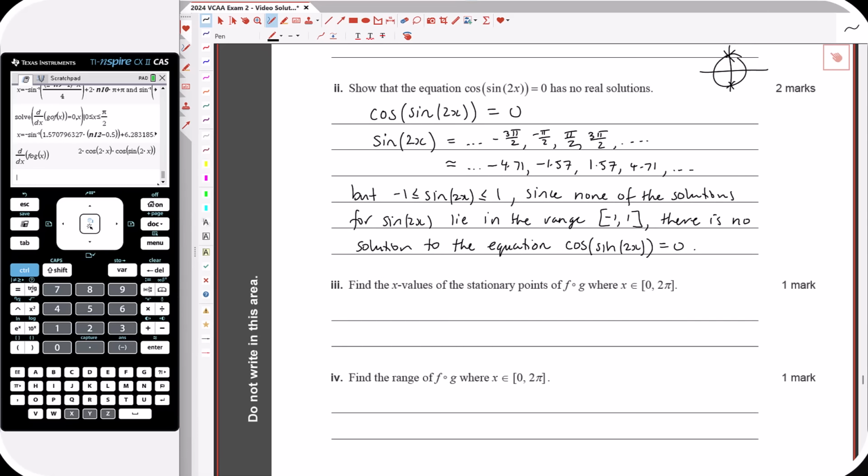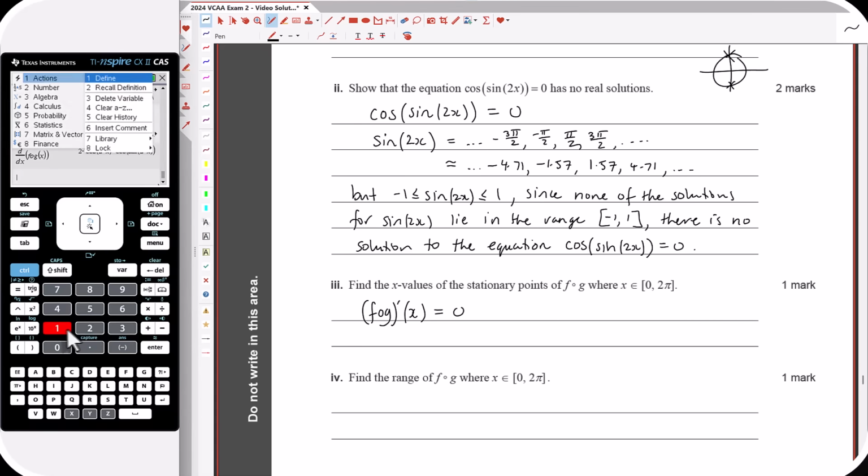Find the x values of the stationary points of f of g. Okay, so if we think about solving our derivative equal to 0, so if you solve this equal to 0 in your CAS, I don't think it likes it.